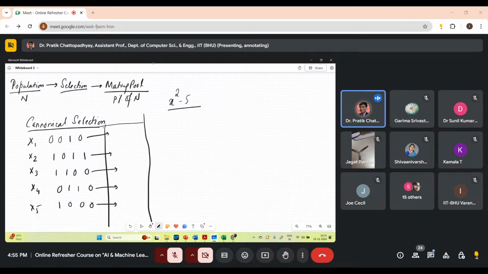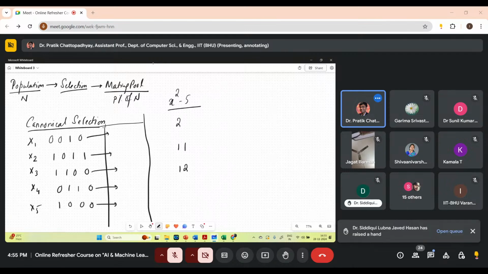With simple binary encoding, 0010 basically means decimal 2. 1011 means decimal 11. 1100 is 12. 0110 is 6, and this is 8. So this is the decimal number corresponding to each binary string.